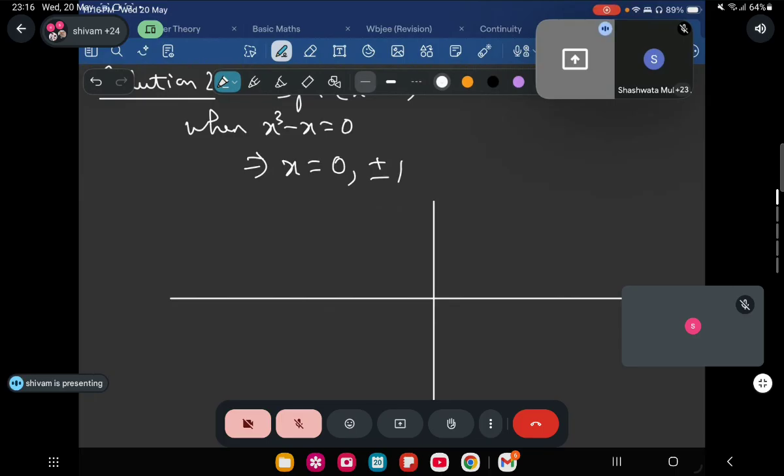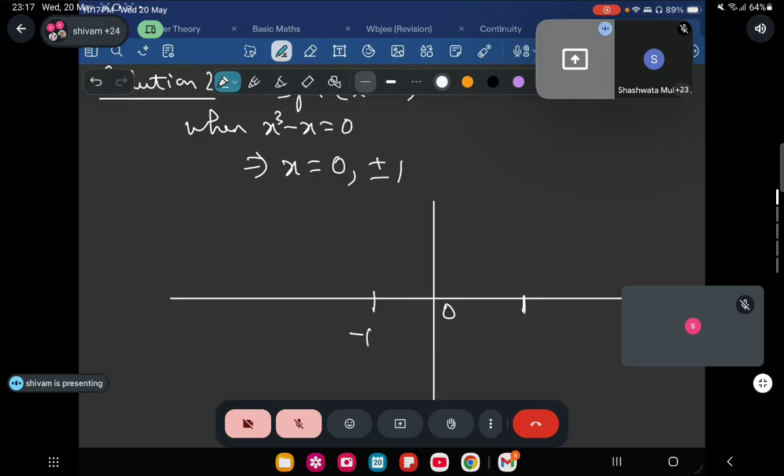How will x cube minus x look like? Like a cubic function. The critical points are -1, 0, 1.